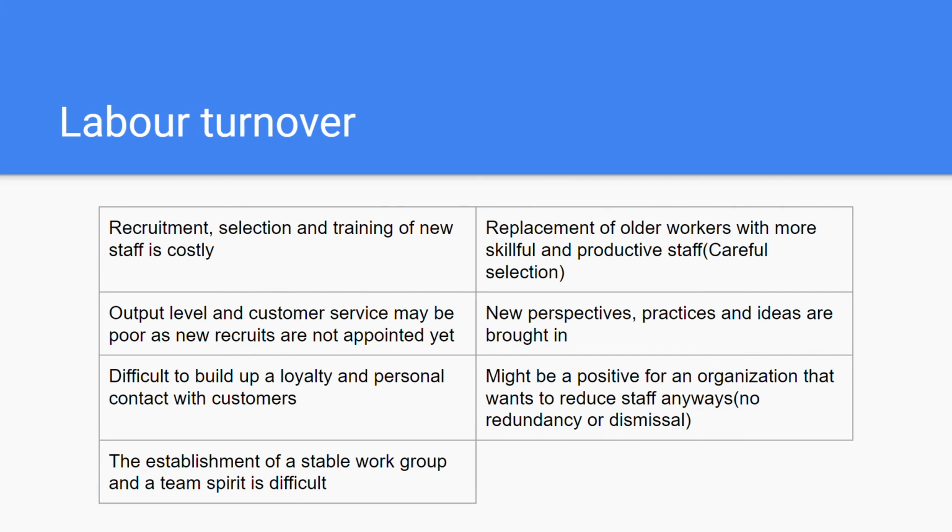But in this case, if an organization already wants to reduce the staff number, and staff are already leaving due to the high labor turnover, you'll always have staff leaving. This means that there are not these additional troubles that the business has to go through, financially but also in time.